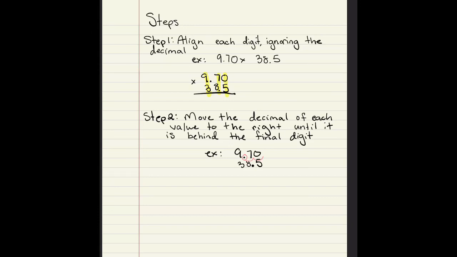And here I move it 1, 2 times. And I stop here because it's behind the final digit. So my final digit is this 0. So instead of just moving it over once to 7, I move it all the way to the last digit. And the same thing here, I move it over once because I only have one digit till it's behind the final digit.